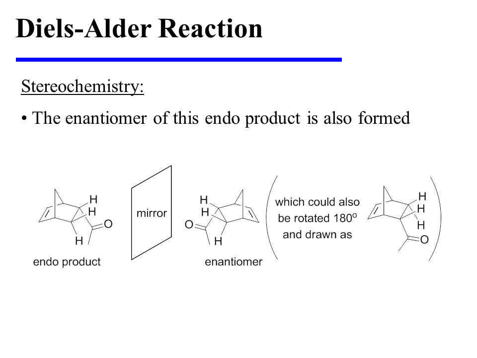We can derive the structure of the other endo enantiomer by drawing the mirror image of the first compound we drew. And if desired, we could rotate this mirror image 180 degrees to place the molecule in an orientation similar to that of the original molecule.